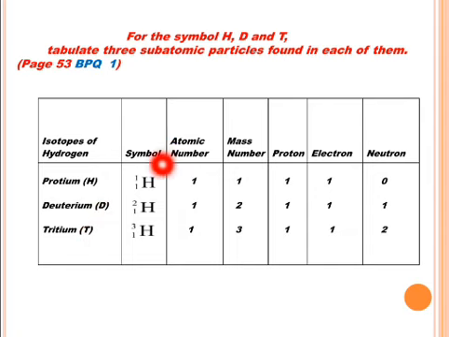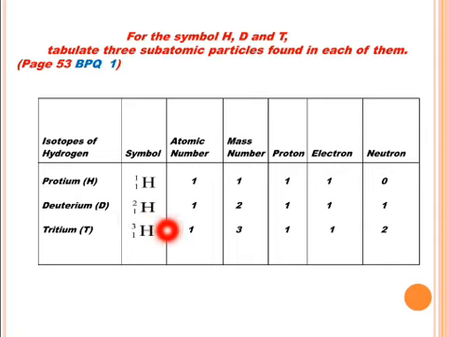The symbol of protium is 1H1, deuterium 2H1, tritium 3H1. Protium: atomic number is 1, mass number is 1, number of protons is 1, number of electrons is 1, but it does not contain any neutron.